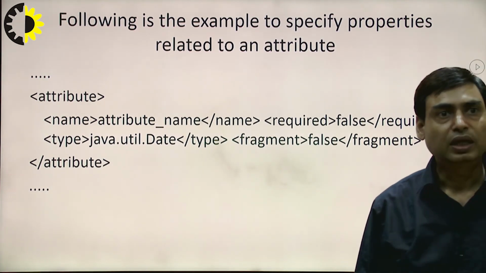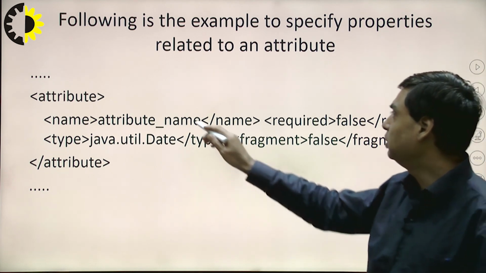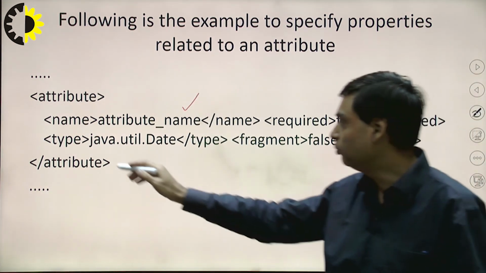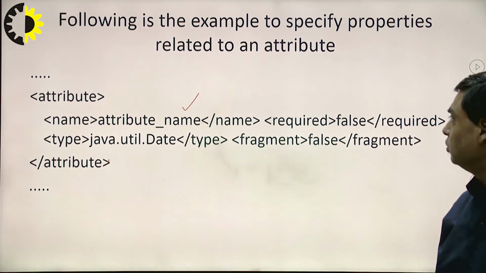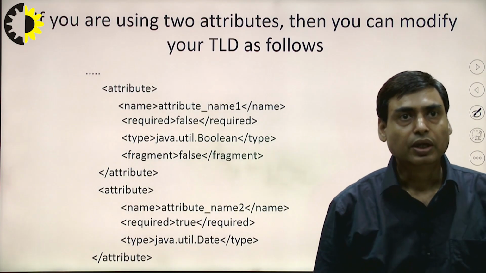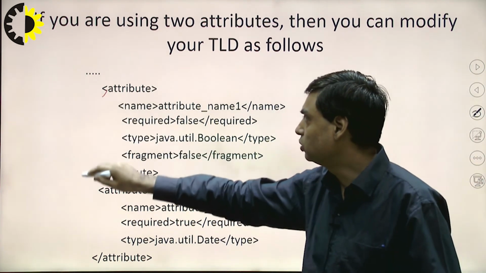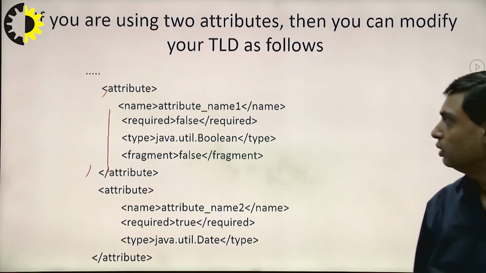Now you can define attributes with other values also. The tag name is attribute, and you can define some other attribute like type. You can define the type of the attribute like java.util.Date, and you can define fragment equal to false. If you want to define more than one attribute, we have to give different sets also, and we can define other parameters also, such as whether the attribute is required or not.